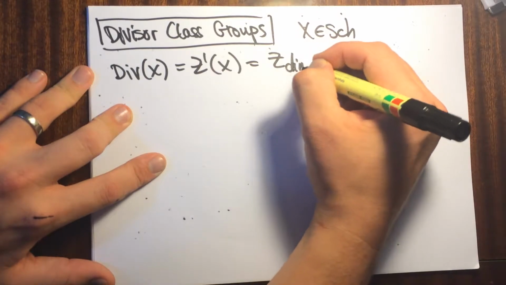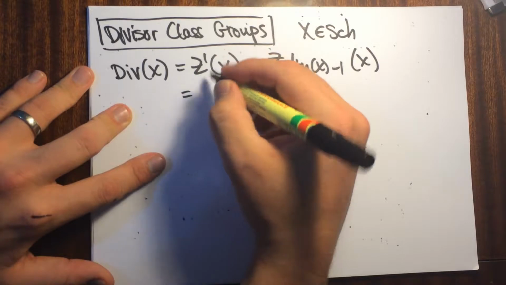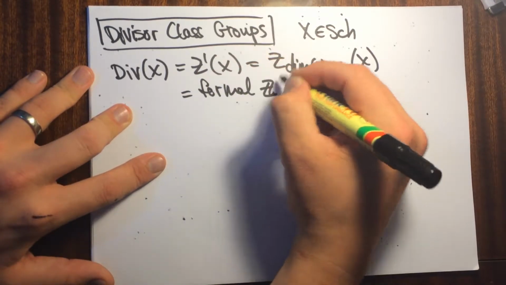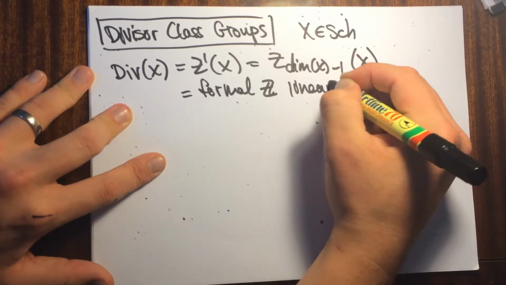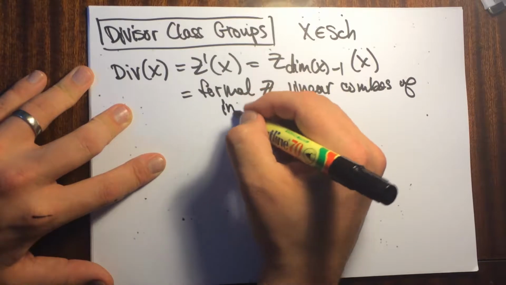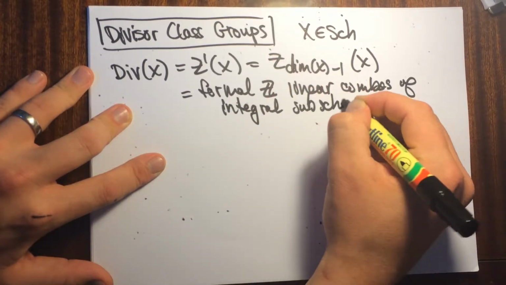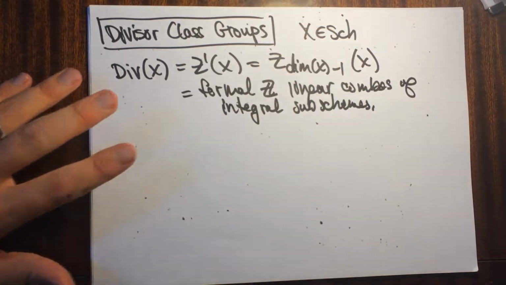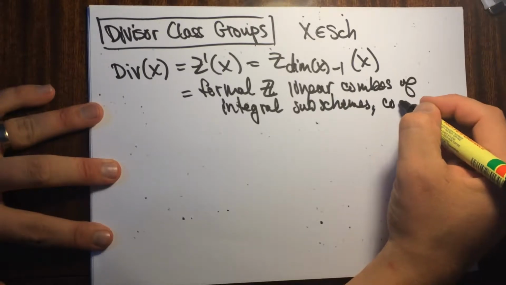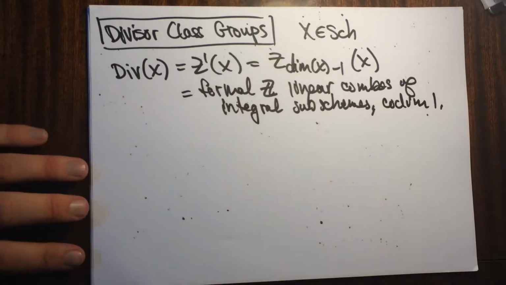So this is the dimension of X minus 1 of X. Okay, so this is formal Z linear combos of integral subschemes, closed integral subschemes, of codimension 1. So this is what we have.